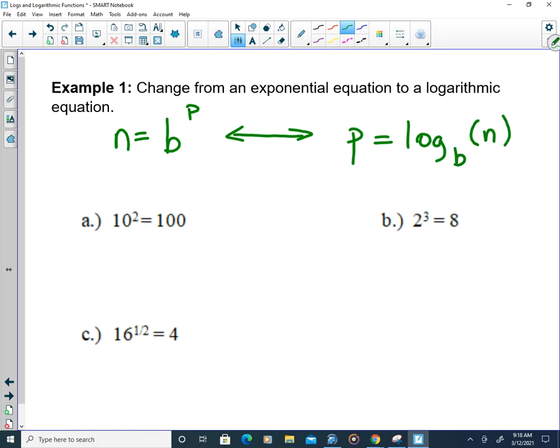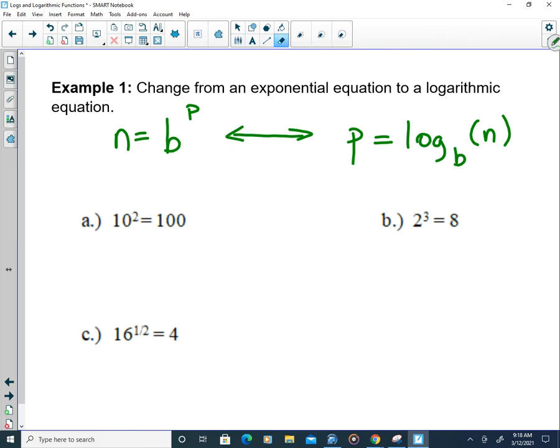So on example 1, we get 10 squared equals 100. The direction says change the exponential equation to a logarithm equation. So this equation is a true statement. If you take 10 and square it, that's equal to 100. It's already solved. We're doing no math here. All we're doing is practicing going from one form to the other form. So it's written as an exponential equation.